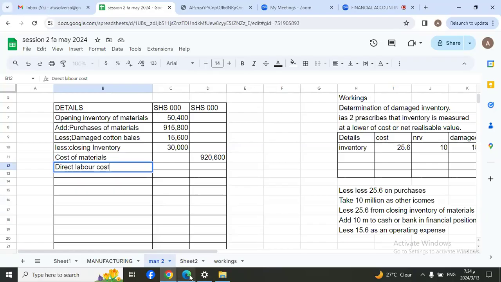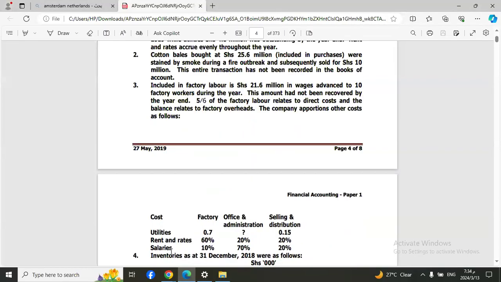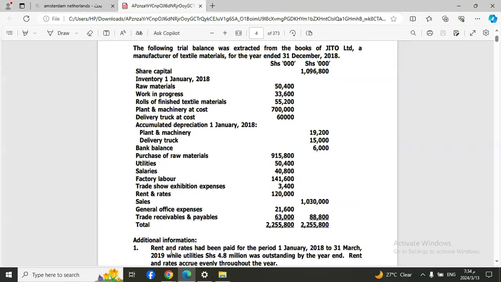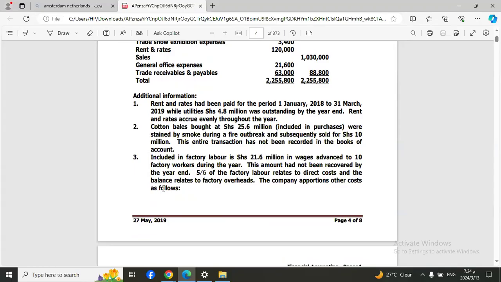If you were to check, do we have there direct labor? Guys, can you all see the question? I'm seeing factory labor at 141,600. Let's see in our additional information.